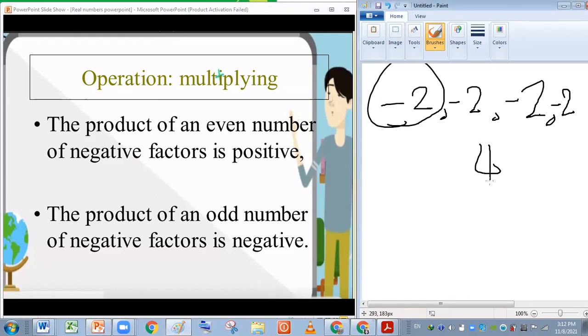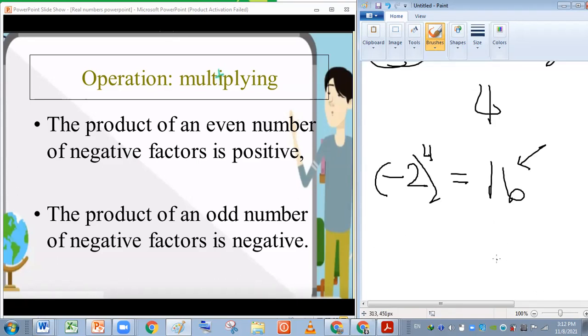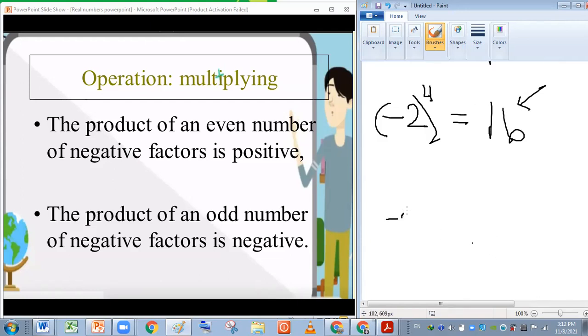So we have -2 raised to the power of 4, which will yield 16. The product is 16, a positive number. On the other hand, if it is an odd number of negatives, the product will be negative for sure, and that is -8.